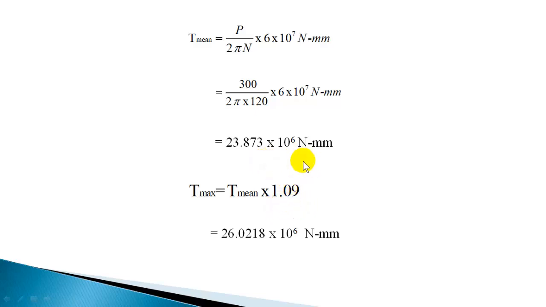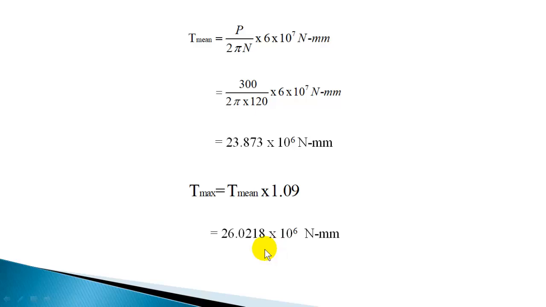So this multiplied by 1.09, you will get 26.0218 into 10 raised to 6 Newton mm. So this is the maximum torque transmitted by the shaft. On an average, this is the torque transmitted, and sometimes the maximum will go to this value.